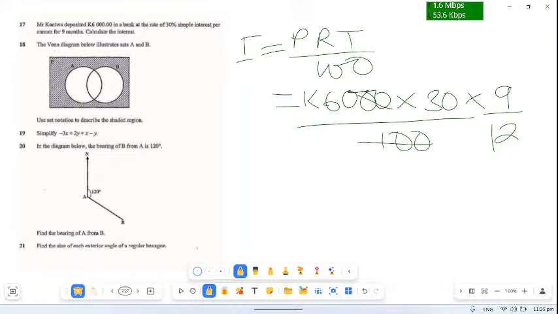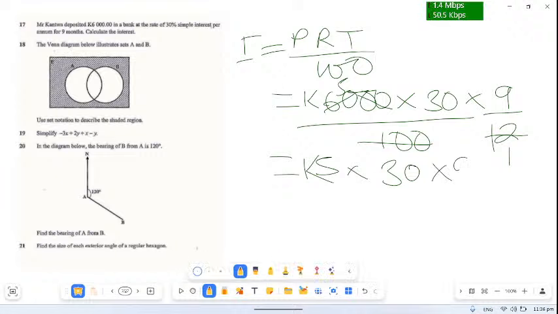Then 3 into 12 is 4, no wait, we cancel to get 1. 12 into 60 goes 5 times. So now we can write what we are remaining with. We are remaining with 5 kwacha times 30 times 9.